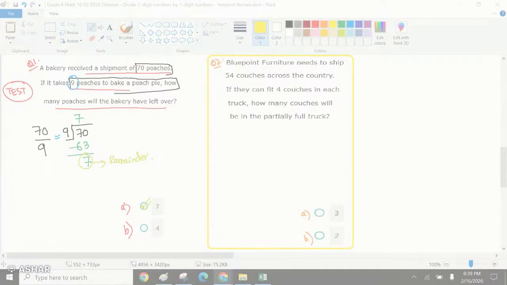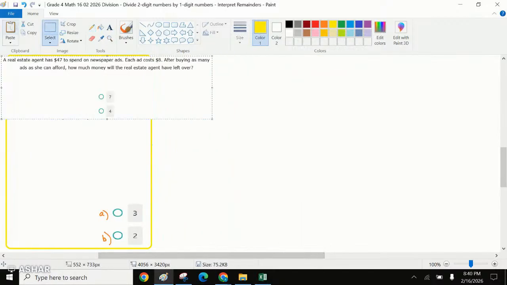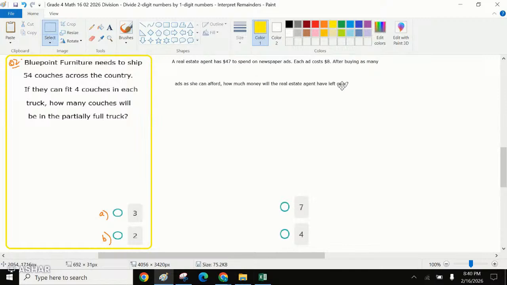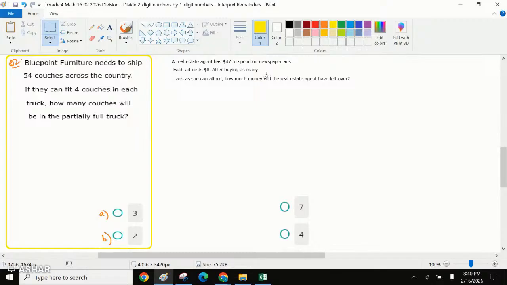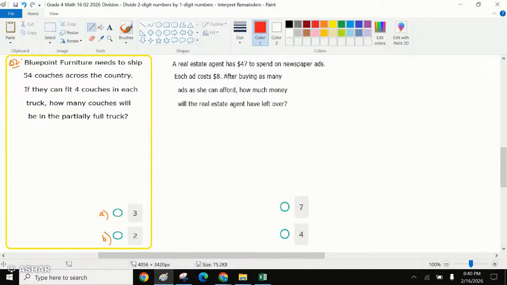Is the answer 3 or 2? Yes, thank you, Semi. We will be left with 2.